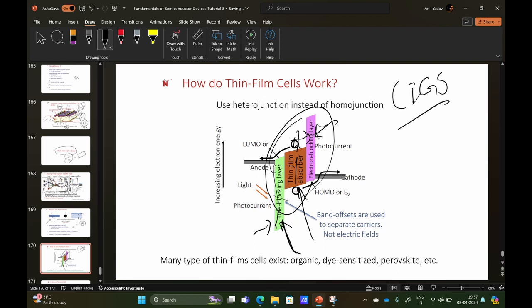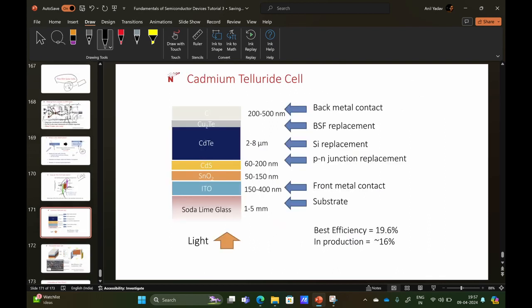This one is, for example, cadmium telluride, and it also takes many layers. This SnO2 is nothing but, I think, tin oxide. This is the electron transport layer or hole transport layer, that I don't remember.